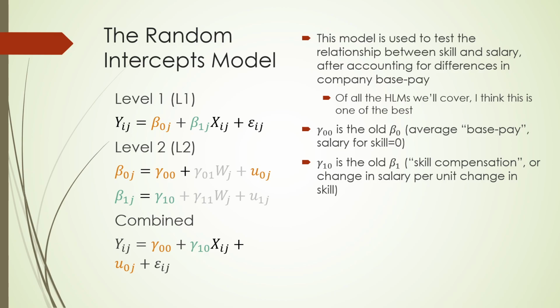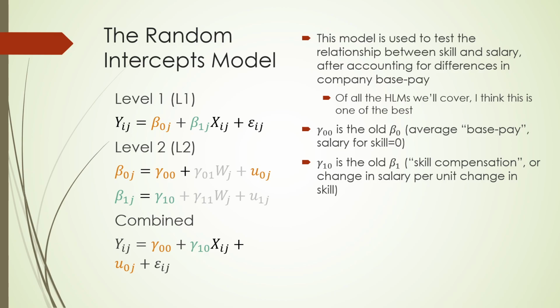Similarly, in the combined equation, if we were ignoring the U sub 0j, gamma sub 1 0 would be the old beta sub 1, the coefficient of x, and that would represent the change in salary when skill increases by 1. And that is exactly what gamma sub 1 0 means now.